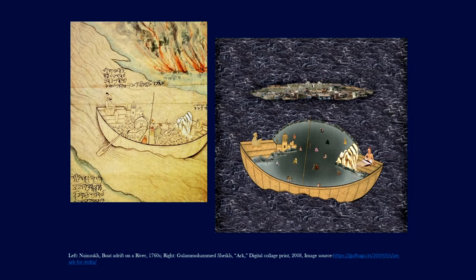In Nainsukh's painting, there are royal figures at the two ends of the boat. In this painting as well there are two images: one is of Gandhi, and another is of Sant Kabir.